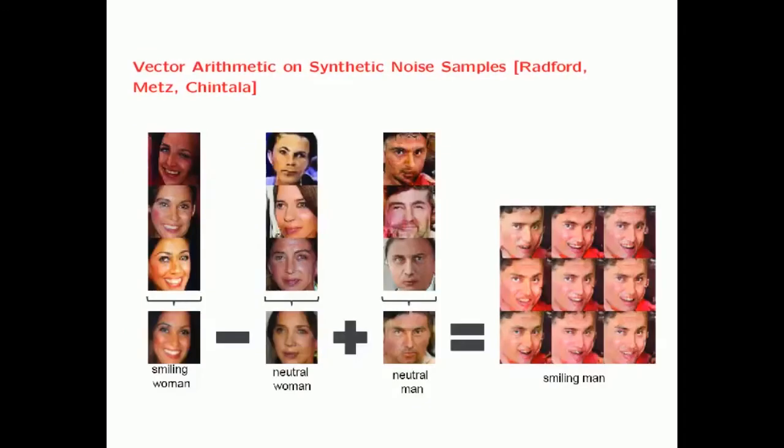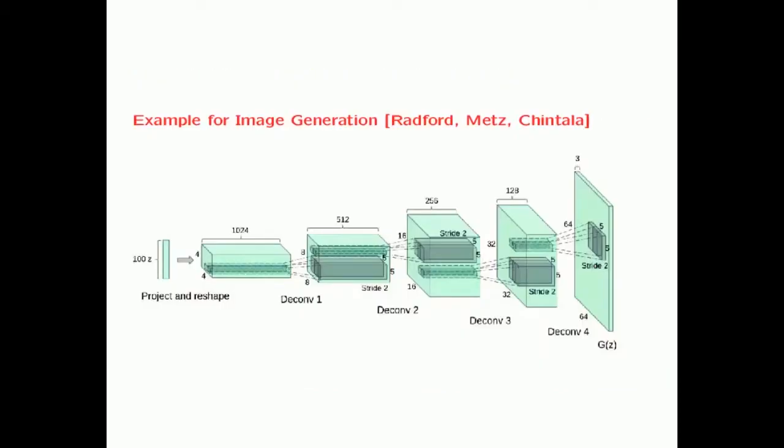In fact, with the synthetic noise sample you can even do vector arithmetic. What do I mean by vector arithmetic? Let's say that you generate a lot of images of faces using this approach, and from these images you pick out all the generated images which correspond to smiling women, and you look at the noise samples.